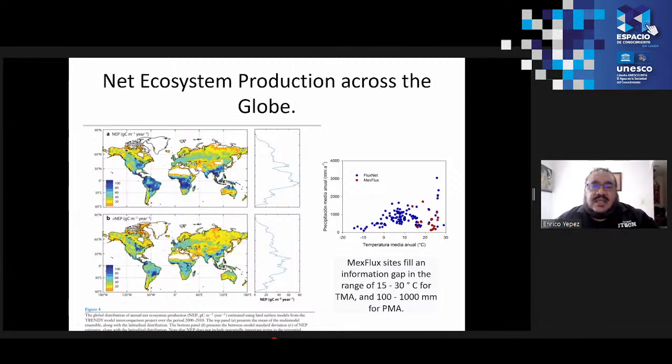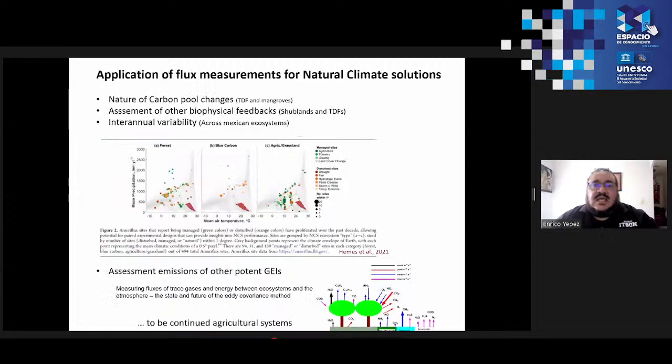So if we can validate these large-scale models, we can reduce uncertainty. We have assessments, but we have important uncertainty that we have to deal with. Having empirical data that contributes in specific climatic regions can perhaps help reduce these uncertainties.